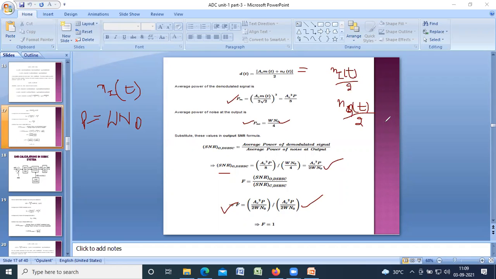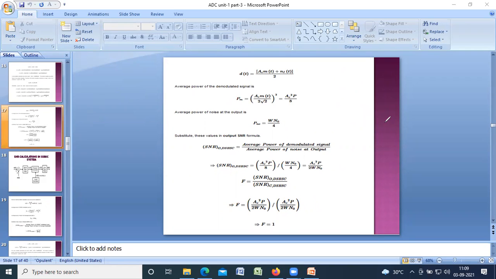Done? Yes friends. Yes ma'am, done. This is all about the signal to noise ratio of double sideband suppressed carrier.